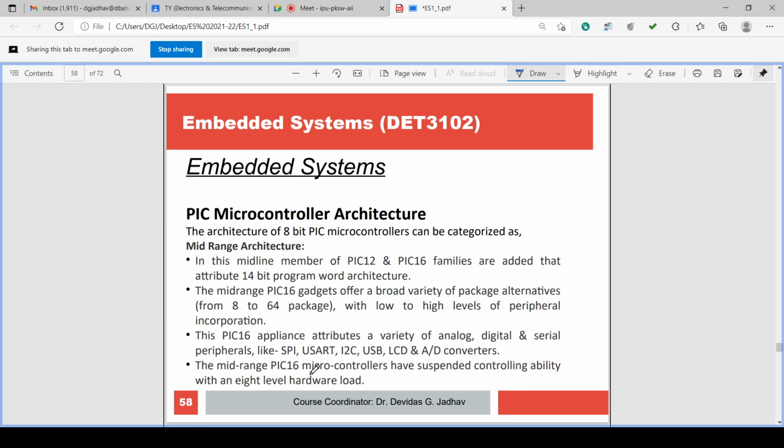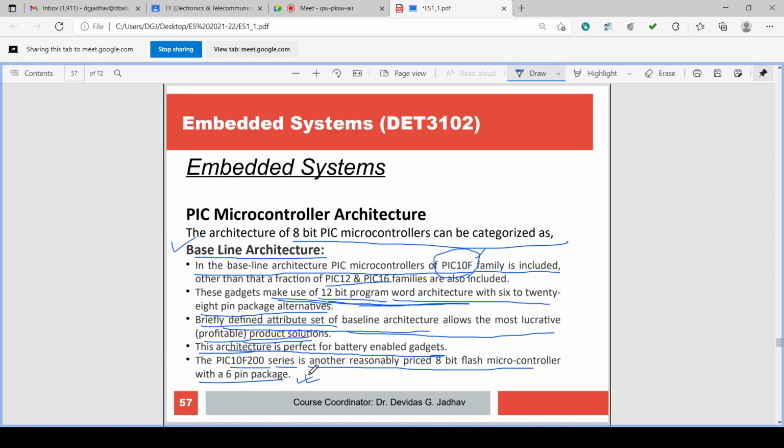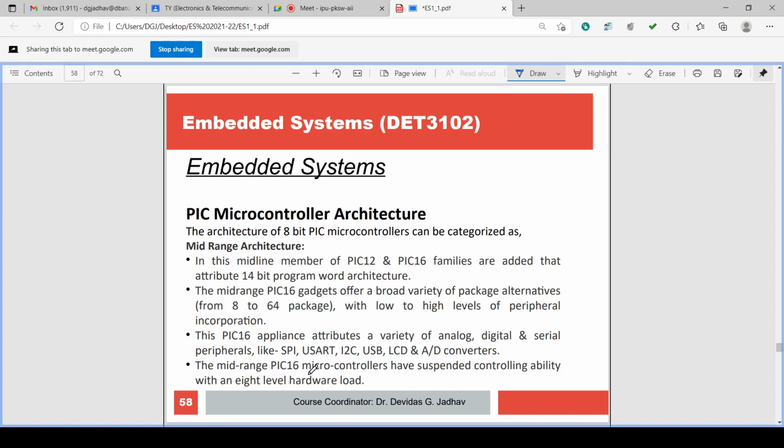The architecture of the 8-bit PIC microcontroller can be categorized as baseline architecture, the first, or mid-range architecture, the second. In mid-range architecture, the middle number of PIC 12 and PIC 16 families are added, with a 14-bit program word architecture.